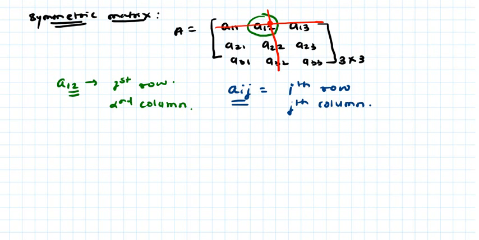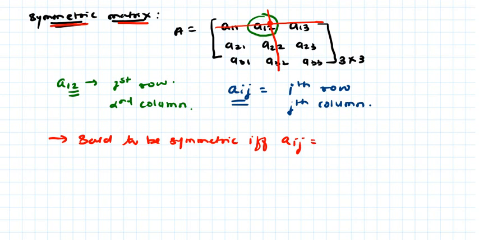Now, what does symmetric matrix mean? A matrix is said to be symmetric if and only if Aij is equal to Aji. It means if I take the element A12, that should be equal to A21.